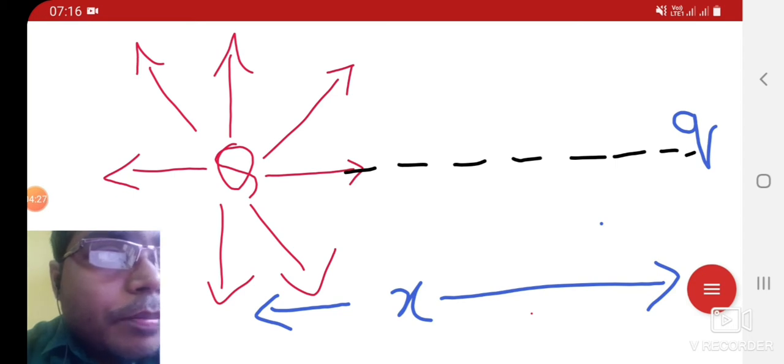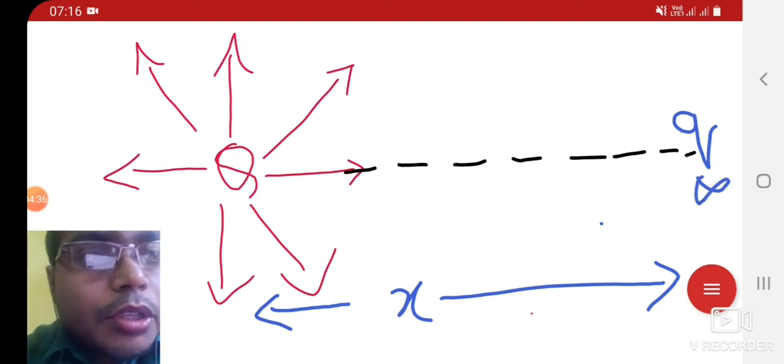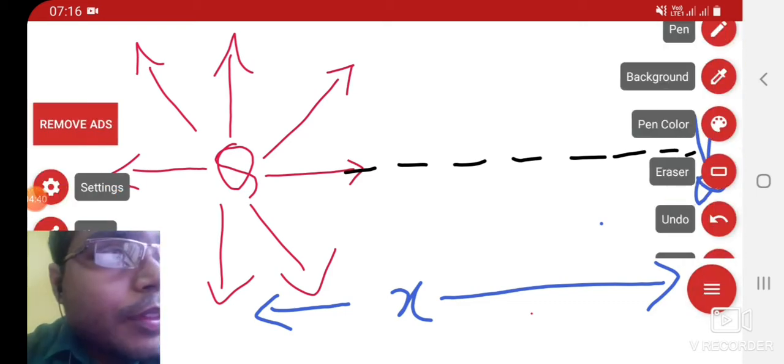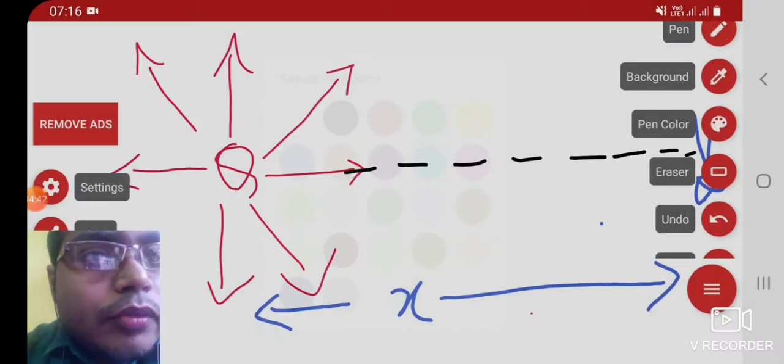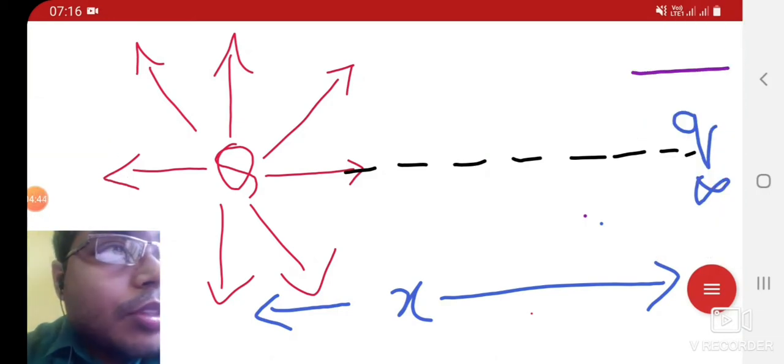So at which point have we placed this q? Say the position we have placed it at is infinity. So at infinity we have placed the charge small q. Now there will be a force of repulsion between the two charges.